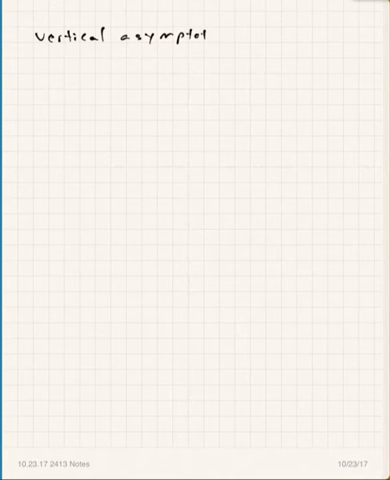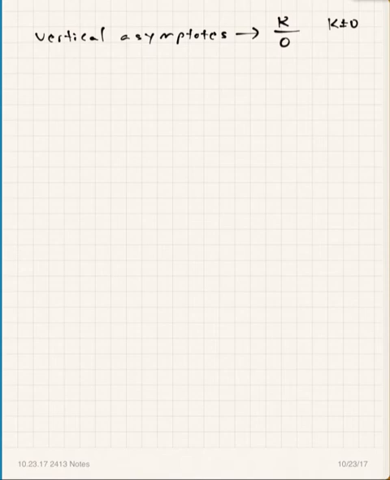But vertical asymptotes occur when you have division by 0. And so when you get a fraction where you have a k value in the numerator and 0 in the denominator, and k is not equal to 0. When you get 0 over 0, you don't have a vertical asymptote. But when you get k over 0, then you get a vertical asymptote for a function.